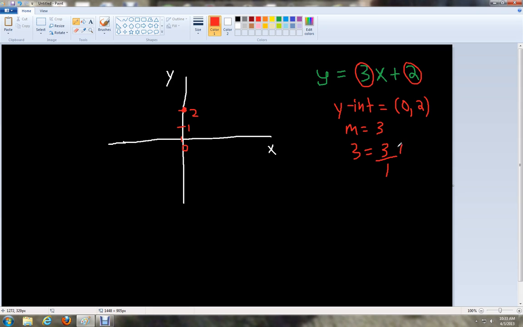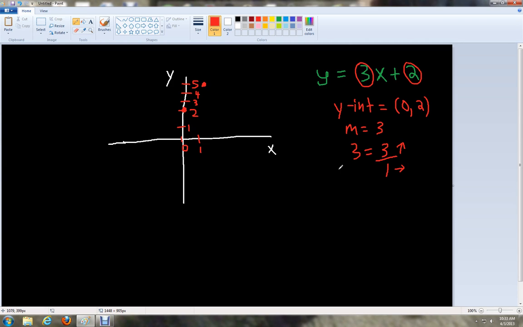So rise 3 and then run over 1 to the right. So we go up 3: 1, 2, 3, so that'll be up to 5 there.